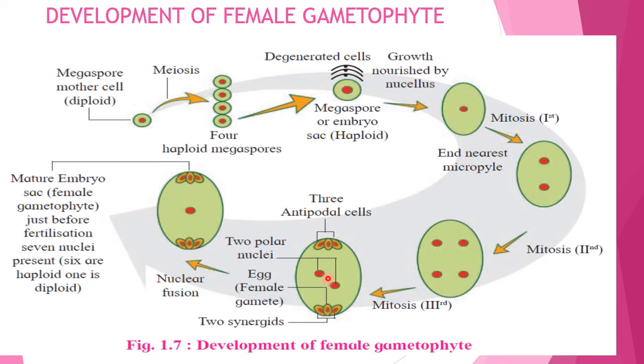So after full development, just before fertilization, it becomes a 7 nucleated structure. In that, 6 are haploid nuclei and 1 is a diploid nucleus. So that is the development of the female gametophyte.